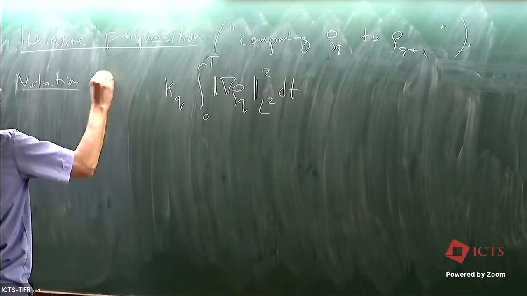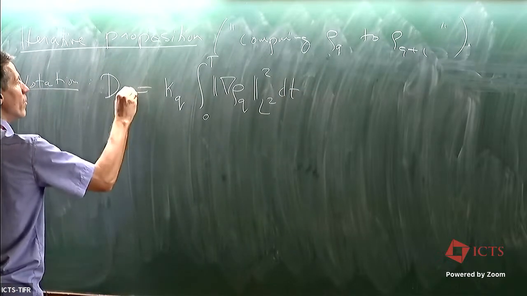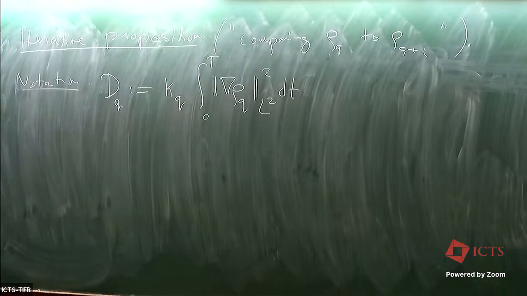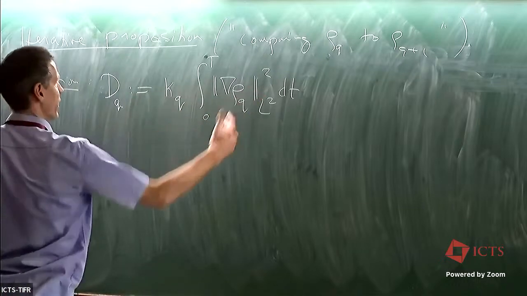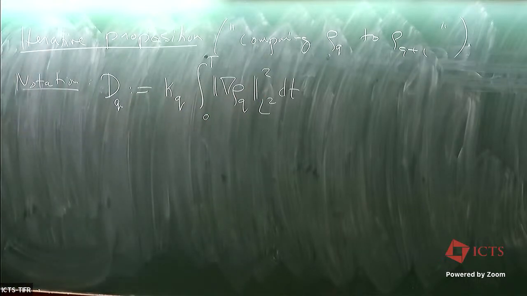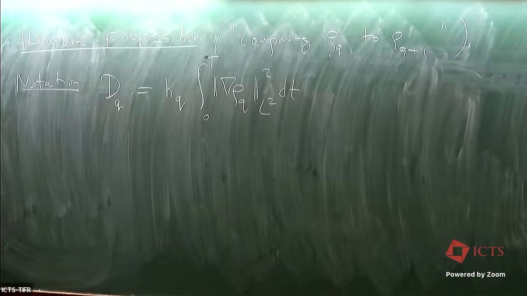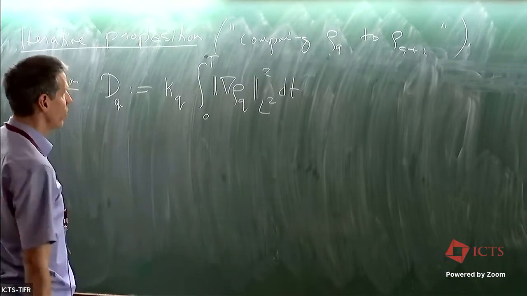So let's call this d_q. That's just a notation. It depends on the time you take, but otherwise it's given by this. That's the amount of L2 norm squared that has decreased in time t in the advection diffusion equation.